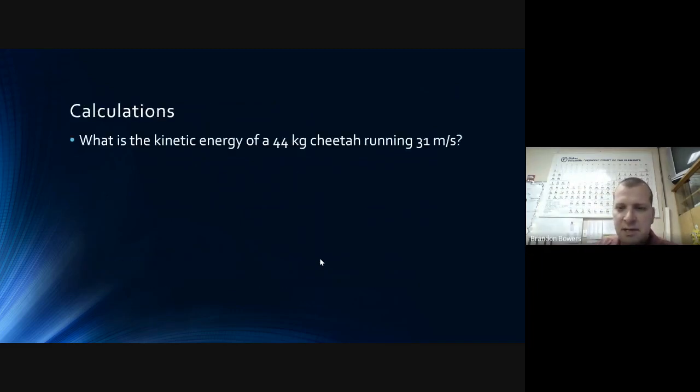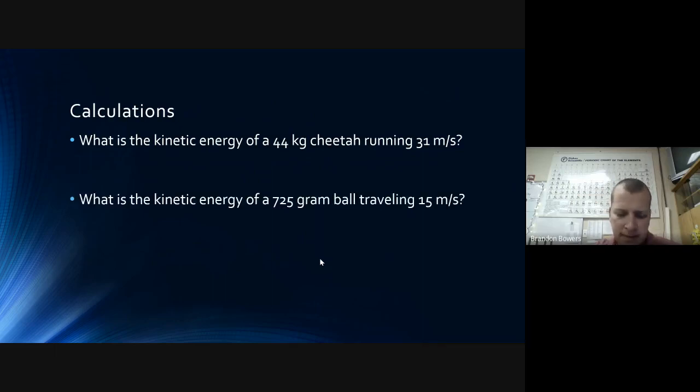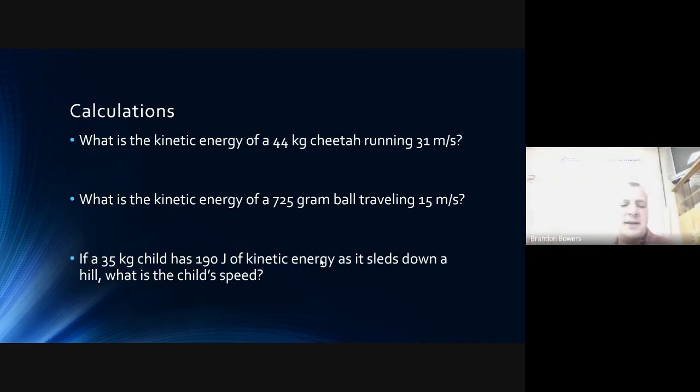And here are a few calculations. Try one of these out. Pause the video if you want to. All right, for the first one, I got 21,142 joules. For the second one, I got around 81.5 joules.